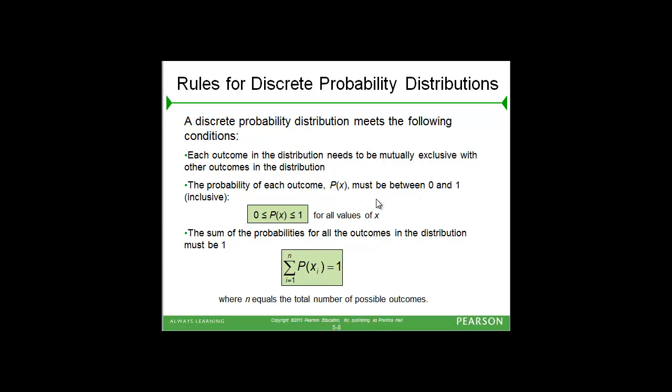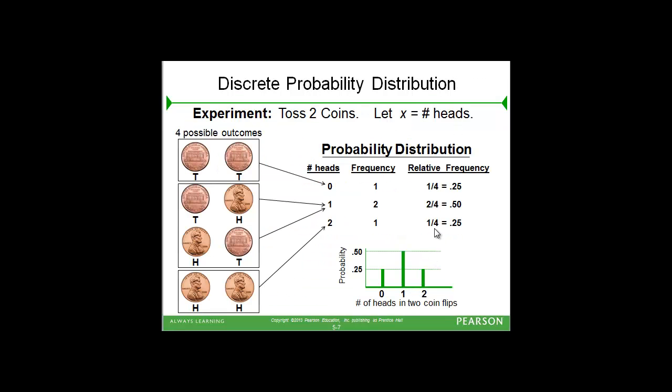And the sum of the probability for all the outcomes in the distribution must be 1. For example, here, if we sum up the probability of all the outcomes, we find the result is 1. 0.25 plus 0.5 plus another 0.25, we get 1.